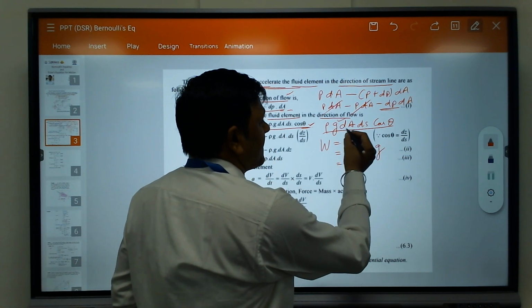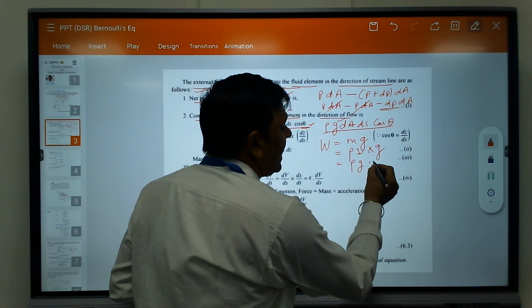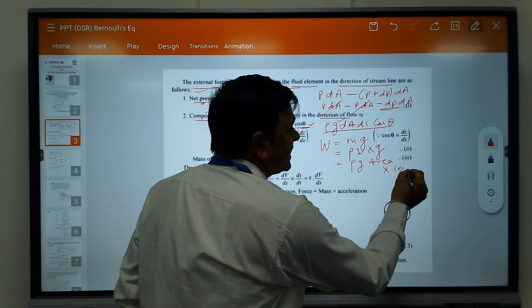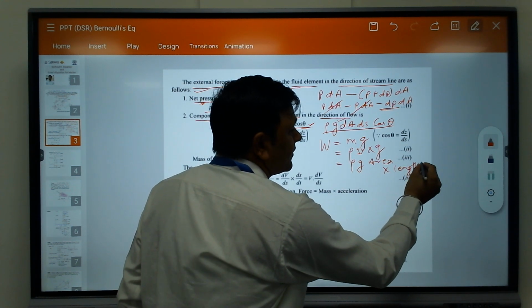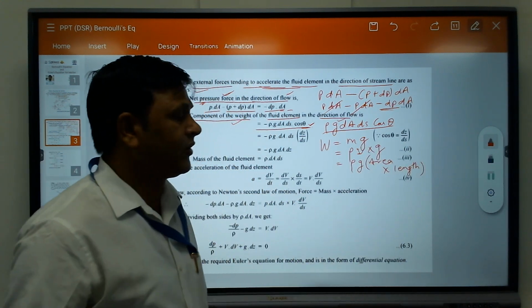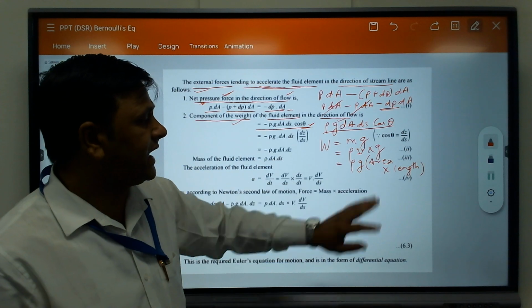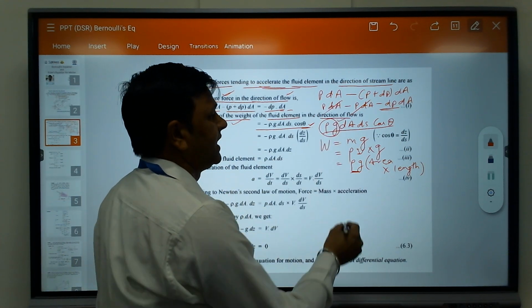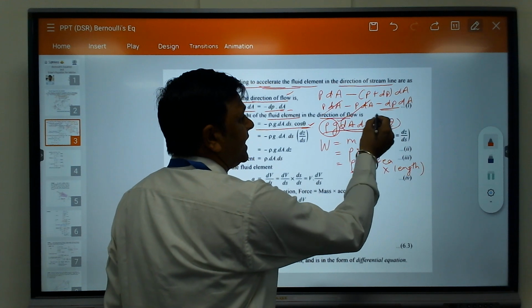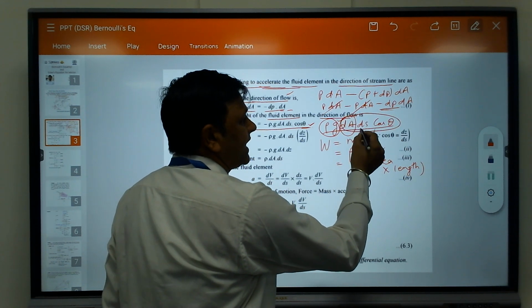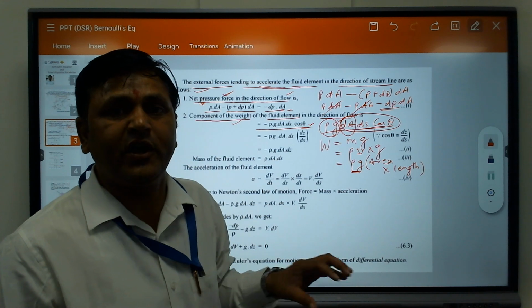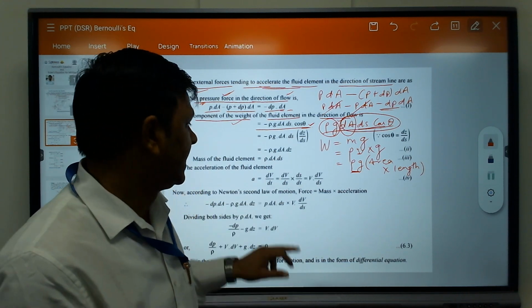Volume is area into length. So rho g, and this is the area into length of that particular fluid element.